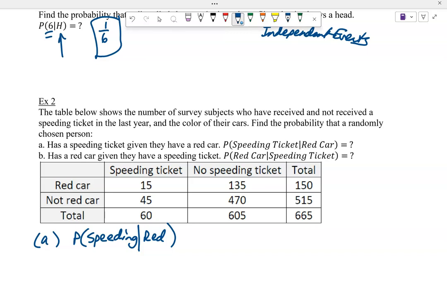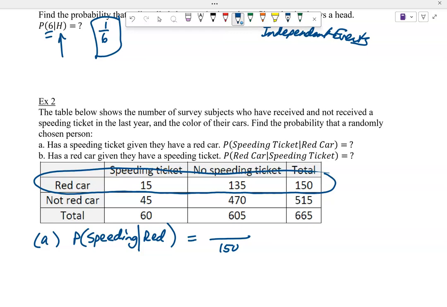Well, if I'm driving a red car, I'm only pulling out of the bag of people that have a red car. So how many red cars do we have? 150, right? There's a total of 150 red cars, it says on that far right.